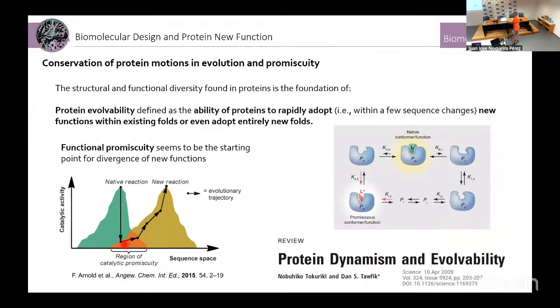But if we introduce changes in the sequence space, if we make mutations in this protein, as we just said, we can change the populations of these free energy landscapes. So maybe this less stable conformational state can become the most stable one. What does it mean? It means that we are favoring this new function. How? By introducing mutations, by changing the sequence space of this protein. Does this make sense? Okay.